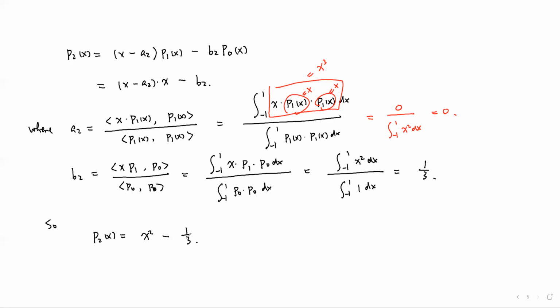This is an orthogonal polynomial of degree 2. Similarly, the next few orthogonal polynomials are computed in a similar way. P3 is equal to x to the third minus 3/5 x.